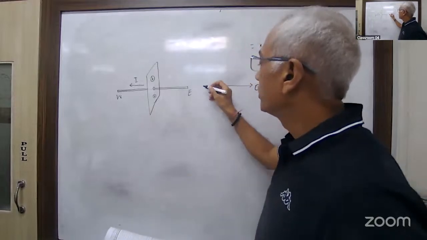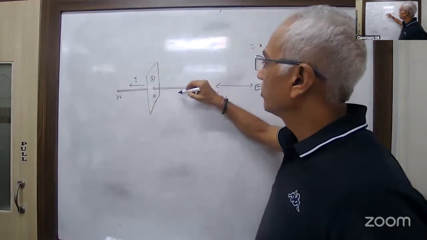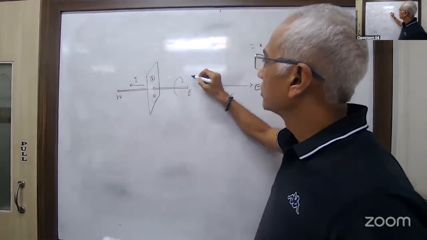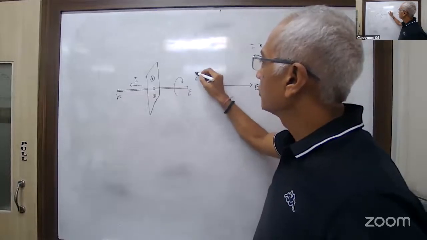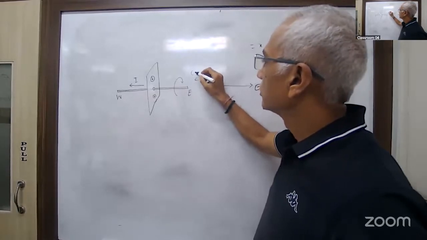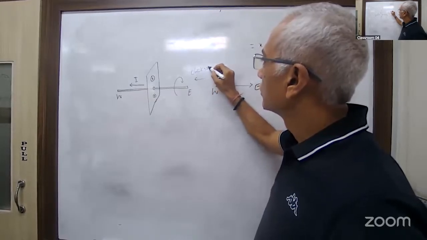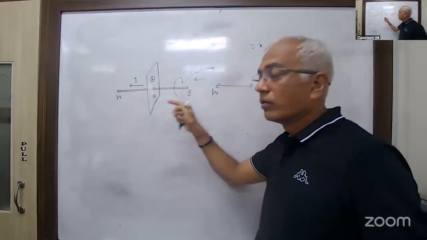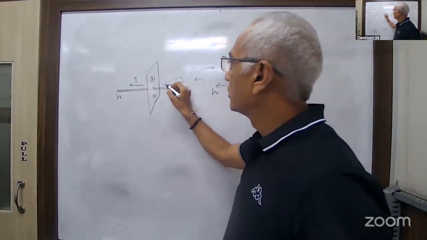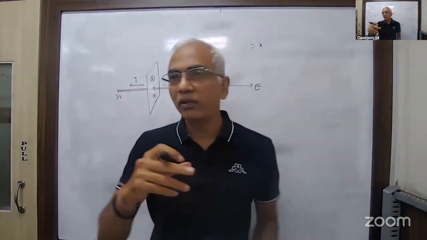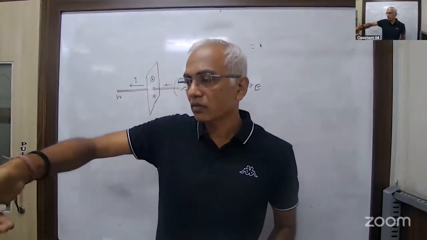So if you see from this side, from east side, it will appear to you clockwise. So when the current is going away from you, it will be clockwise.